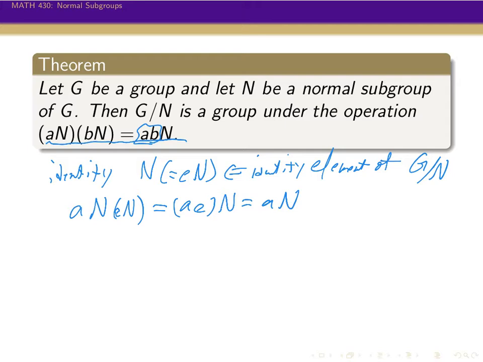And similarly for right multiplication, so the coset corresponding to the normal subgroup itself is the identity element.